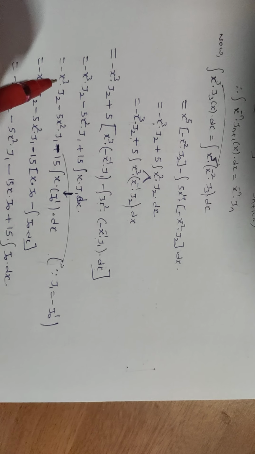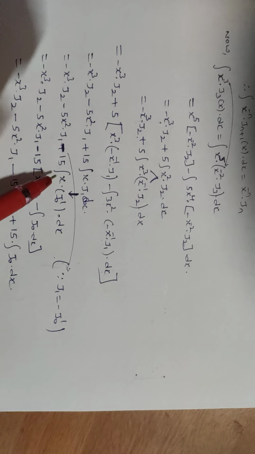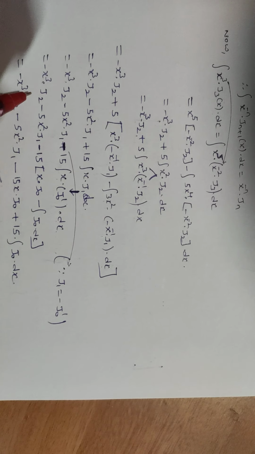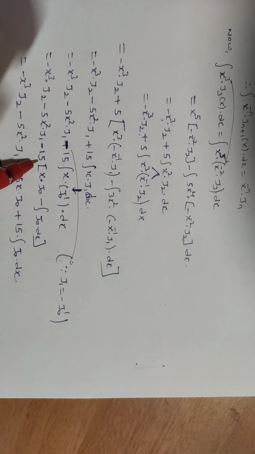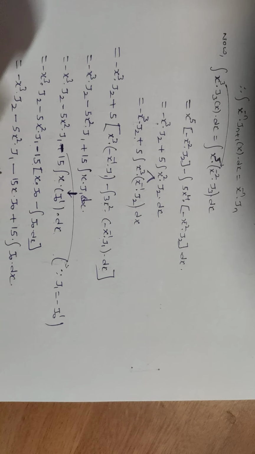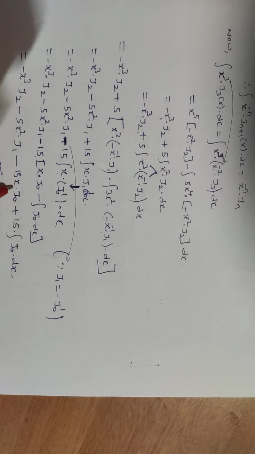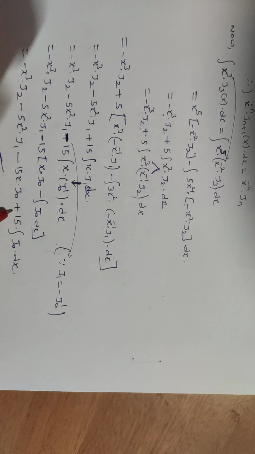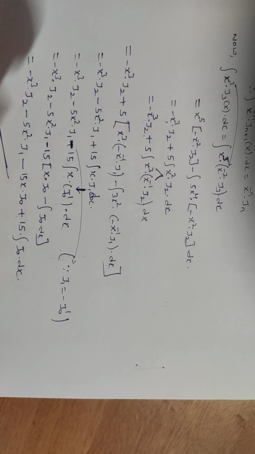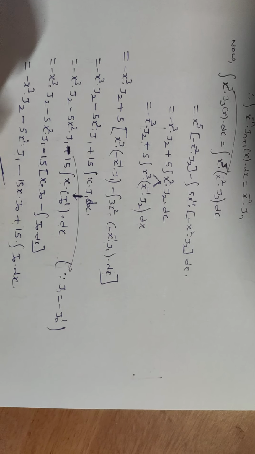Therefore, minus x cube into j2 minus 5x square into j1 minus 15 into the integral of x into j0 dash of x, which can be written as minus x cube into j2 minus 5x square into j1 minus 15 into x into j0 minus the integral of j0 into dx, which is minus x cube j2 minus 5x square j1 minus 15x into j0, minus into minus will be plus 15 into the integral of j0 of x into dx. This is the method by which we consider the integral of x cube into j3 of x into dx.